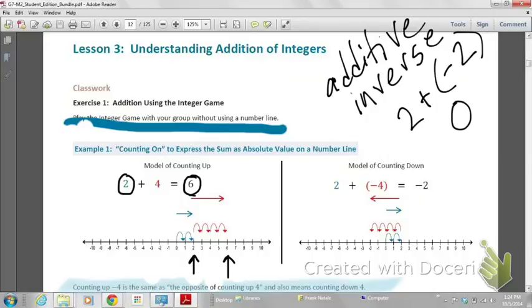You can see we have 1, 2, 3, 4. So 4 units from the number 2 to our final sum.